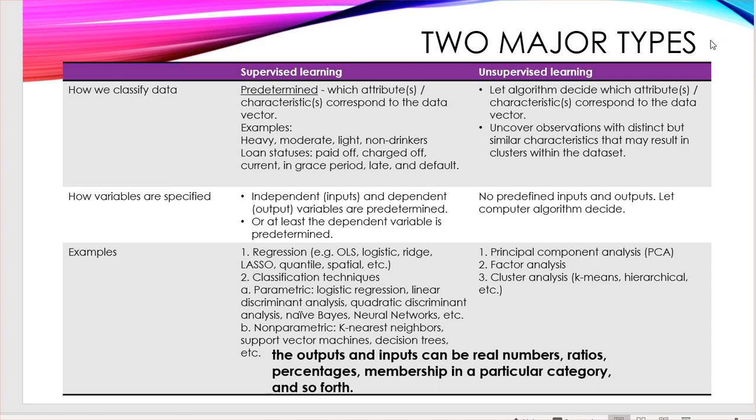And when we use the unsupervised approach to classify data, we are essentially trying to uncover observations with distinct but similar characteristics. And when we find a group of observations with distinct and similar characteristics, we group these observations into a unique cluster.